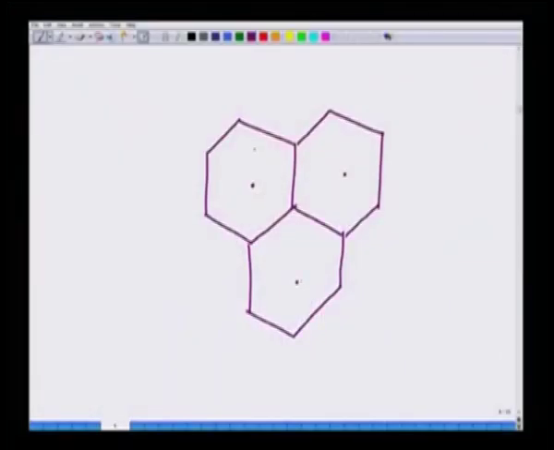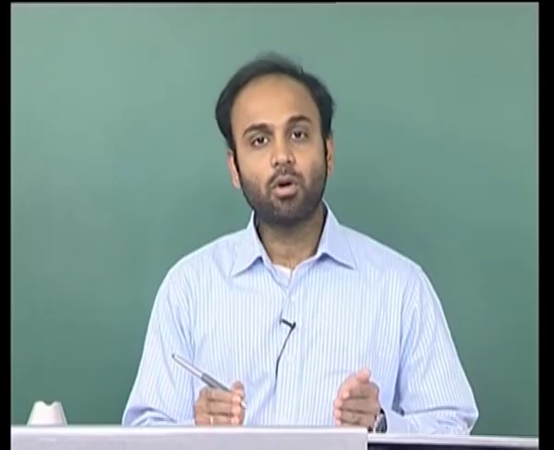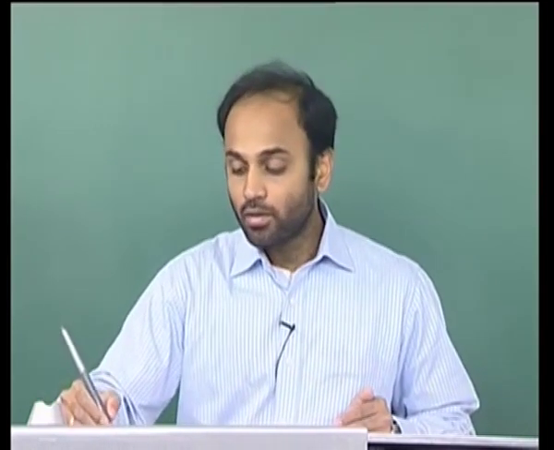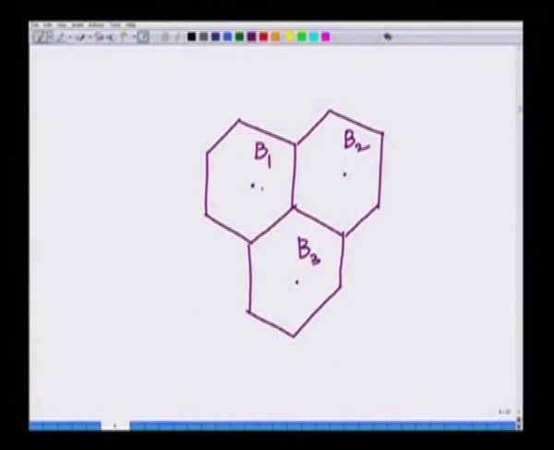For instance, I will allocate band 1 to cell 1, band 2 to cell 2, band 3 to cell 3. I will distribute the bands, because if I allocate the same band to neighboring cells, then the user who is transmitting in this band in cell 1 will cause interference in the neighboring cell.